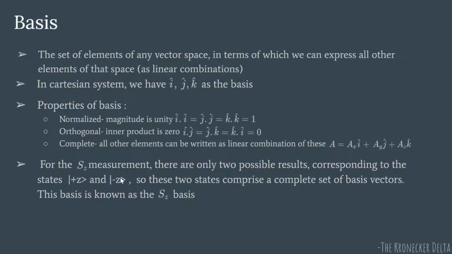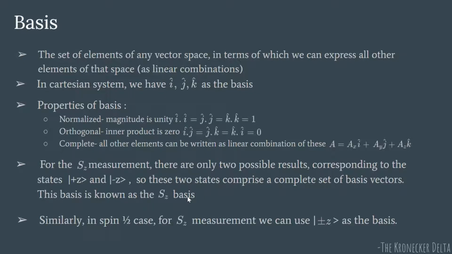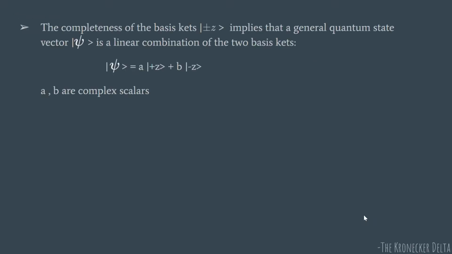We have only two possible outcomes here, and these two form a complete set of our basis vectors. So any generic state psi can be written as a linear combination of these two states. This forms our basis, and we call it the Sz basis.